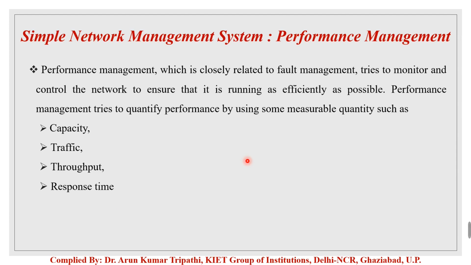If a network has higher or larger traffic than the network capacity, automatically performance will degrade. So traffic must be below the network capacity. If the traffic increases beyond the capacity, automatically the throughput of the system will decrease.